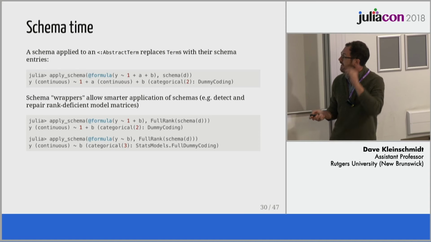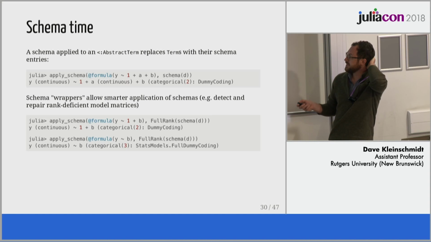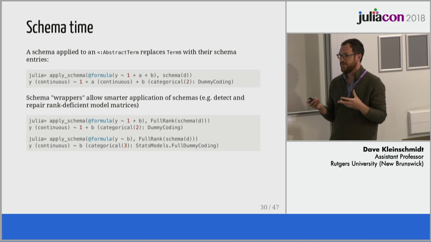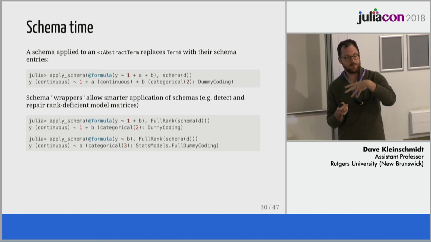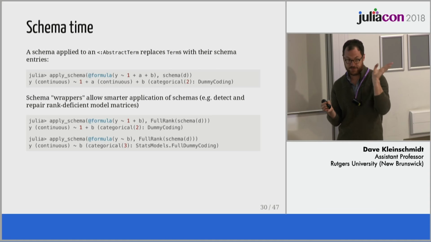So you extract a schema with schema, you apply it to a term with apply schema. Okay. And this apply schema dispatches on the last argument, so if you want to apply the schema in a smarter way, you can wrap that schema dict in another struct, or create your own kind of schema types, right?